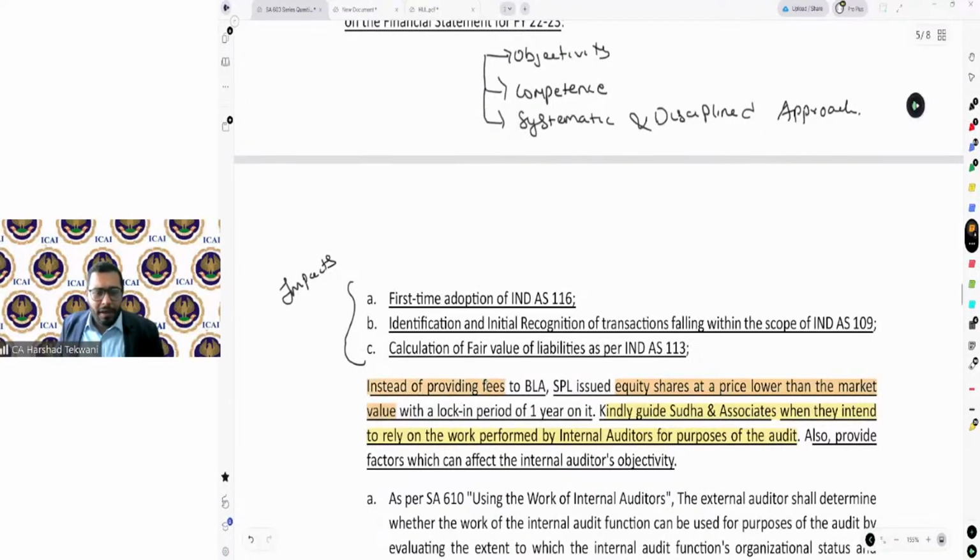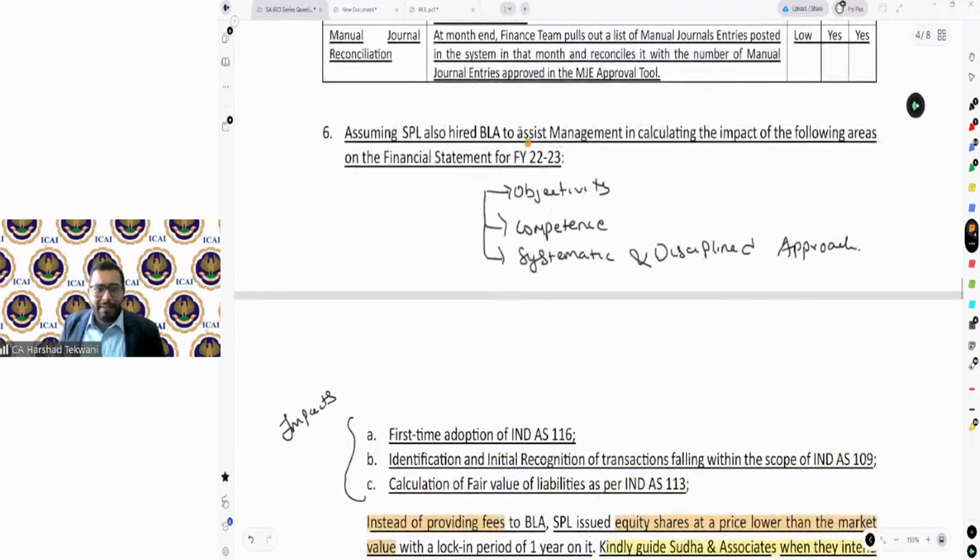Instead of providing fees, they are receiving the equity shares. So two things. They are assisting management in calculating the impact and they are receiving the fees. Now, the external auditor shall not use the work of internal audit function if there is a doubt about the objectivity.